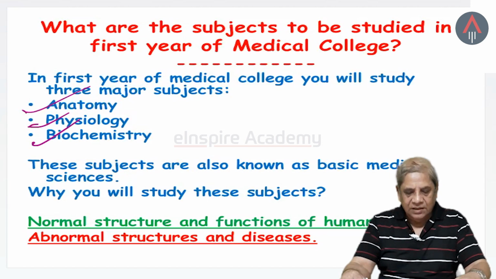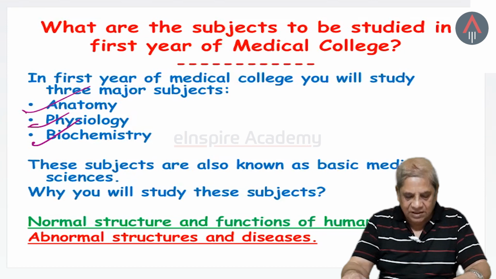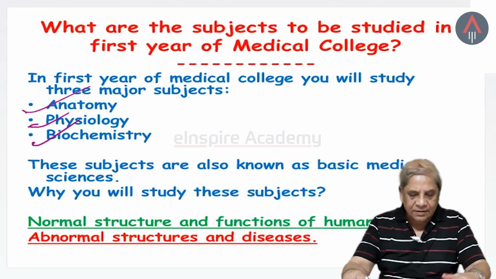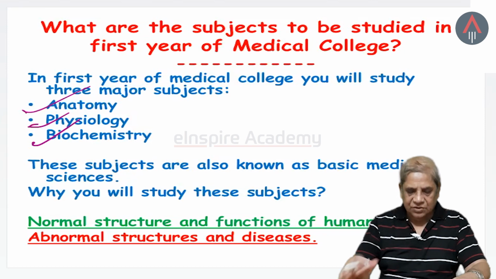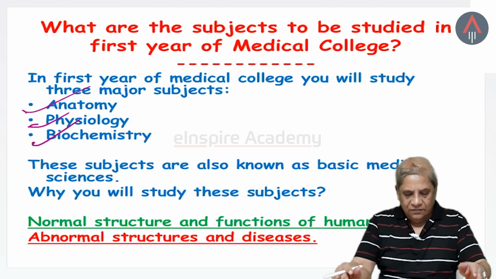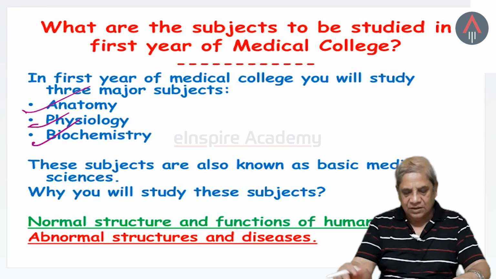Then the third subject which you will learn is biochemistry. Biochemistry is the subject which will tell you about the various chemical processes taking place within the cell, within an organ. For example, you must have learned in your lower classes that when glucose burns in the presence of oxygen in individual cells of the body, it produces energy and carbon dioxide.